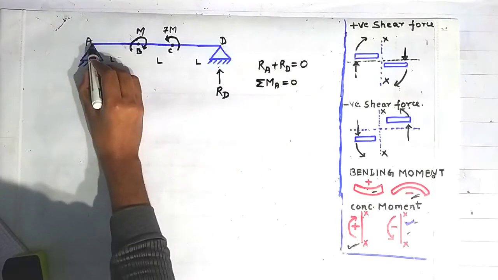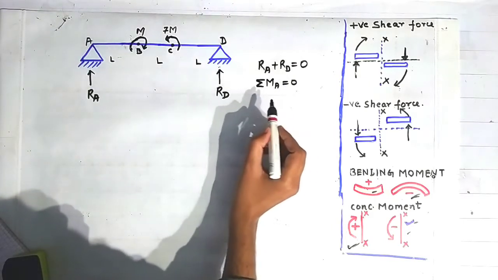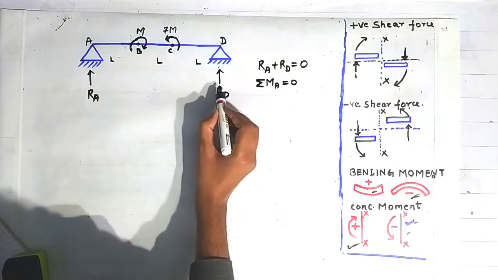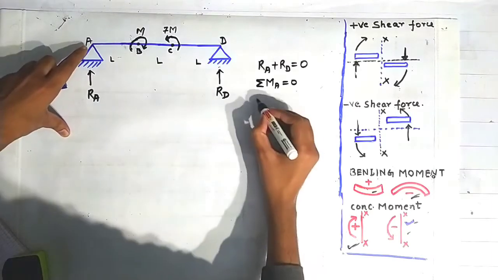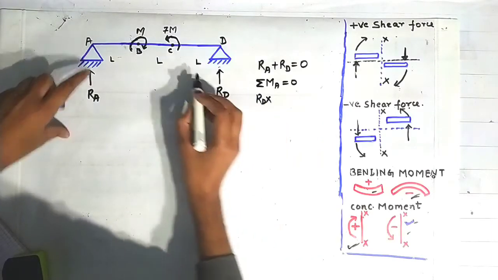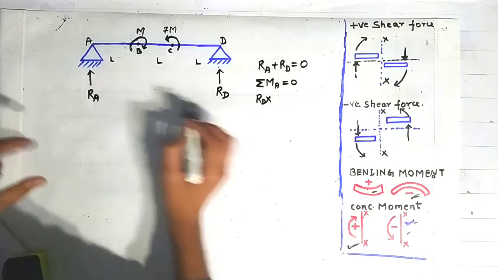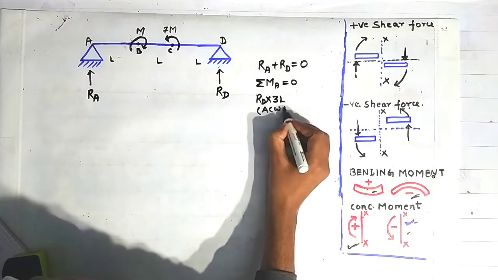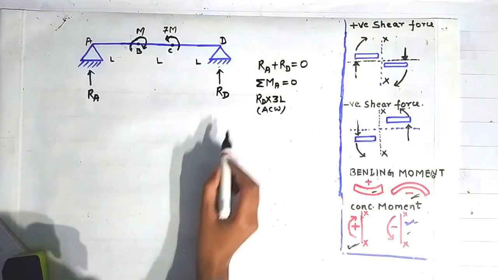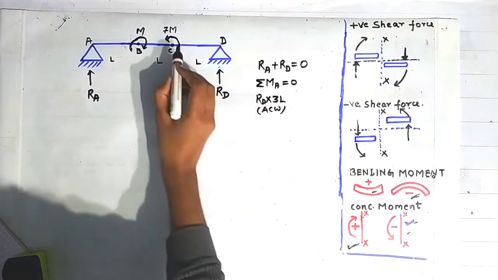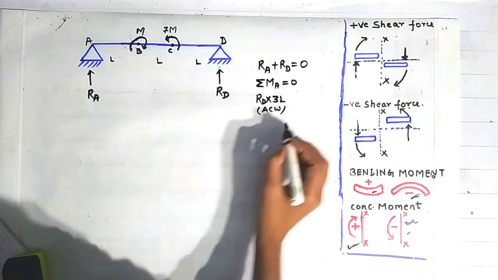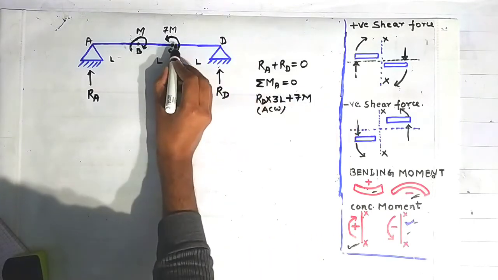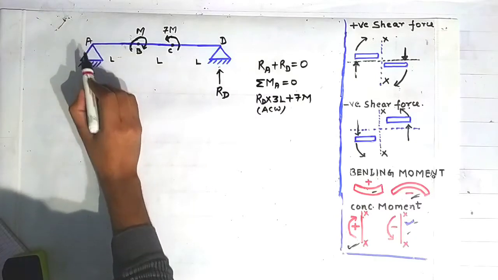Now we know that at the hinge the summation of all the moments is equal to 0. So at point A, the hinge, the sum of all the moments is equal to 0. Because of this reaction RD, there will be a moment of magnitude RD into this distance L plus L plus L, that is 3L, acting in anti-clockwise direction about this point, and because of this concentrated moment there will be a moment of magnitude 7m acting in anti-clockwise direction about the point A. Why?